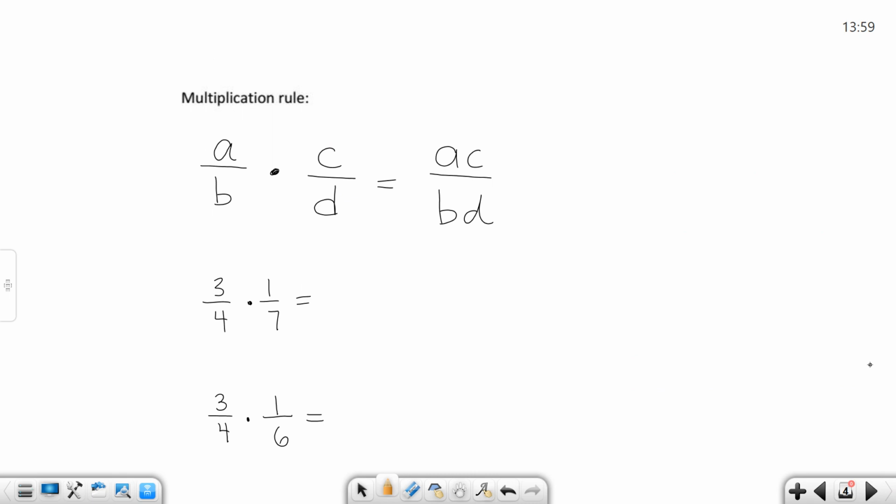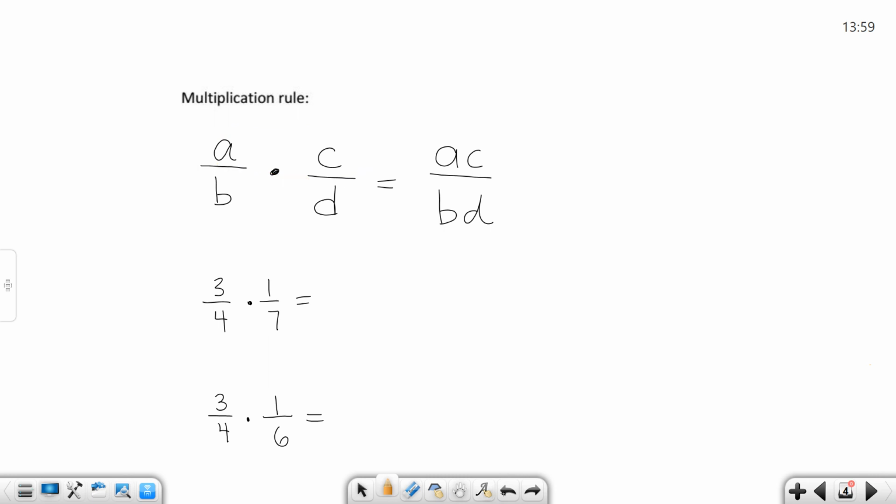The next thing you have is multiplying fractions, and to me, those are much easier than adding and subtracting. Now, I give you 2 examples here. One's going to reduce and one doesn't. Now, your rule for multiplication says you multiply across the top, that's how you get the AC, and you multiply across the bottom, and that's how you get the BD.